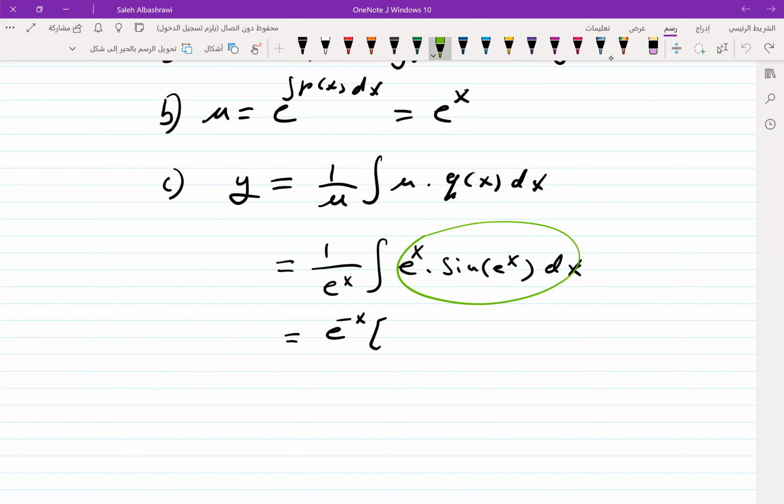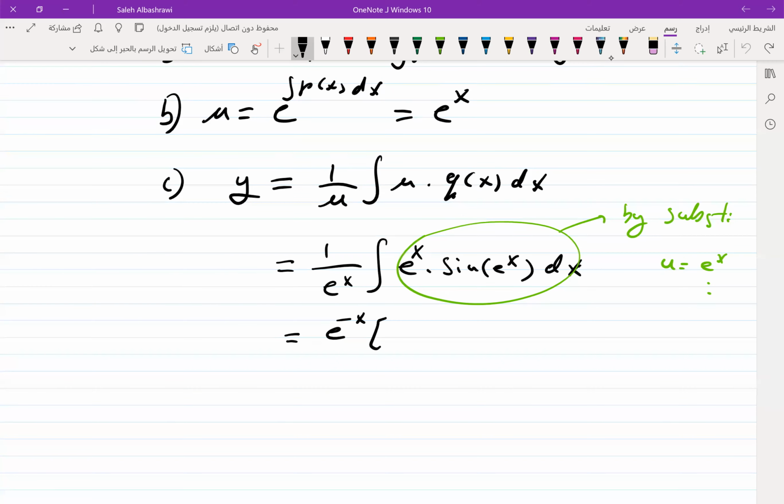Integration by substitution. Take u equal to e to power x, and it will be easy to find the integration.